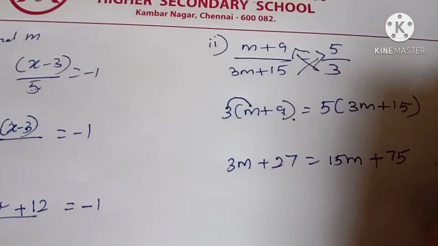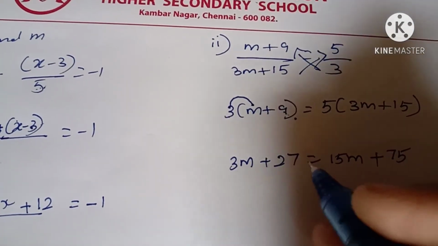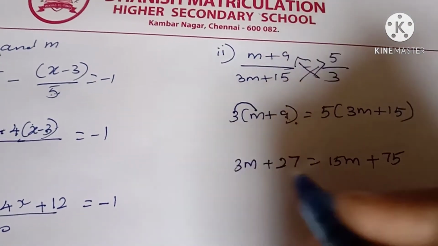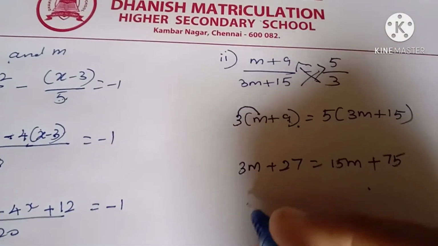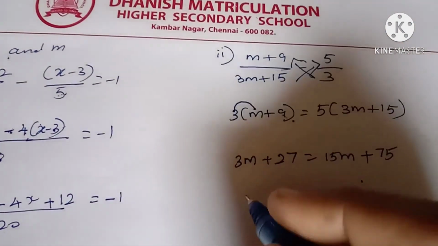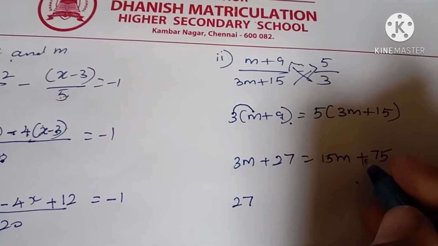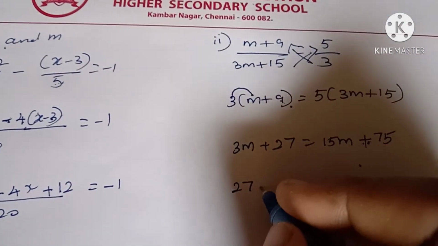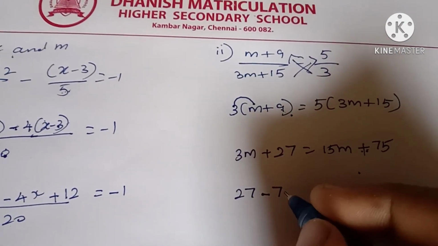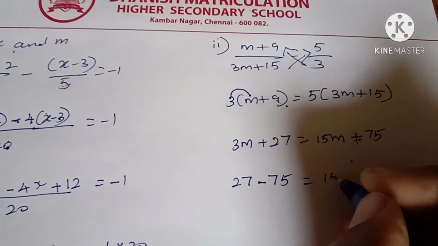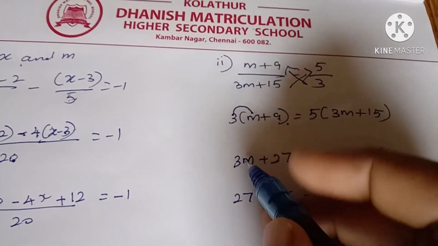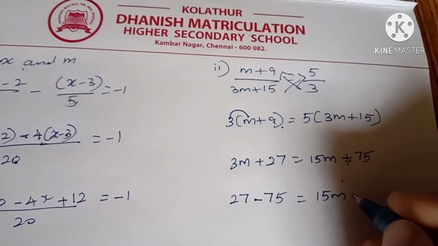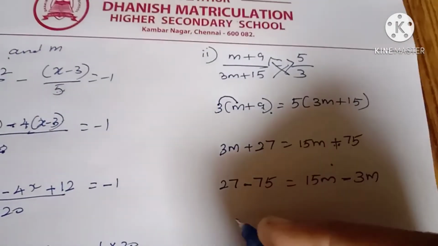15 into 5, 75. And then bring the m term to your right hand side and the constant to your left hand side. That is 27. If you bring plus to your left hand side it is minus 75. Then plus 3m, when you take it to your right hand side, is minus 3m.